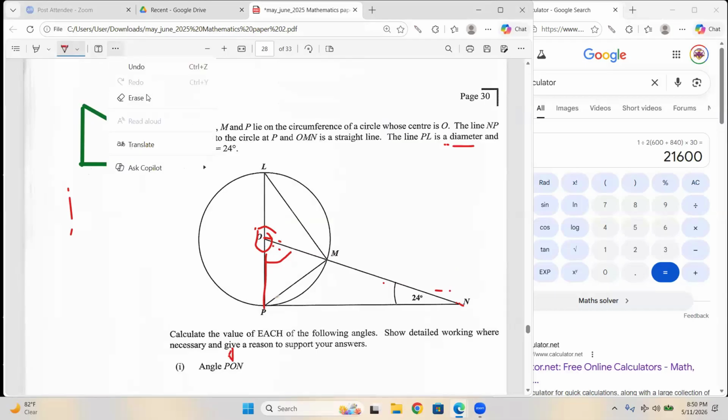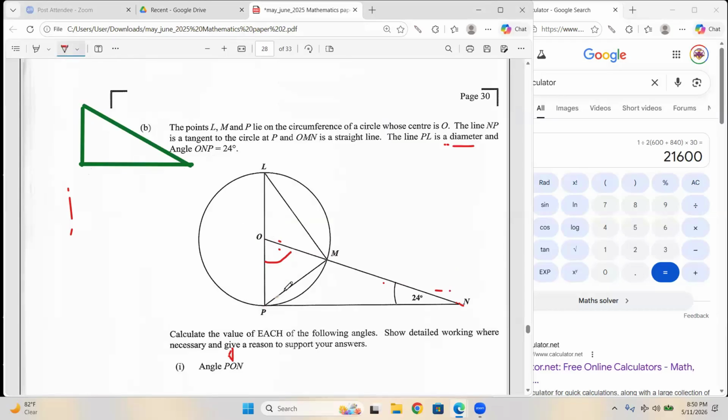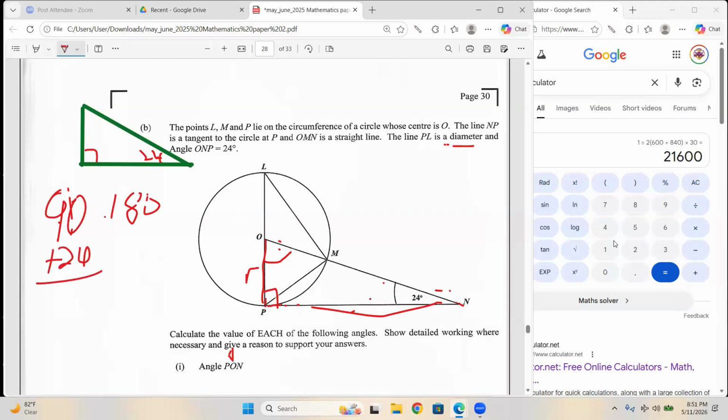So a diameter is also made up of two radii. From O to P is a radius. When a radius touches a tangent, it forms 90 degrees. So here's 90 degrees, here's 24. To find this angle at O, we know a triangle has a total of 180 degrees.